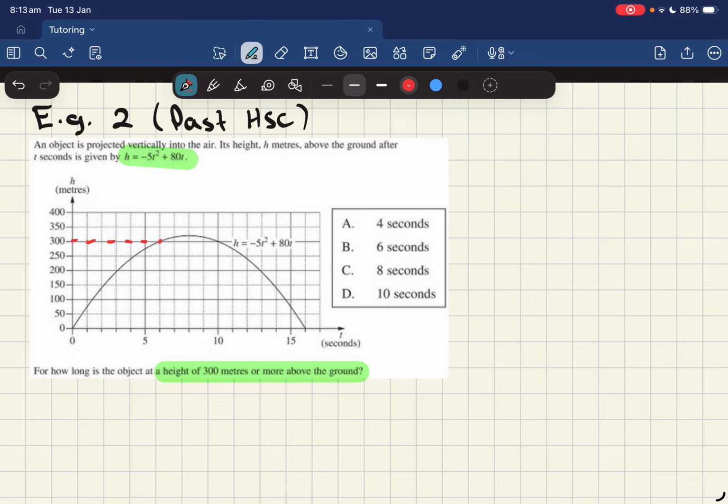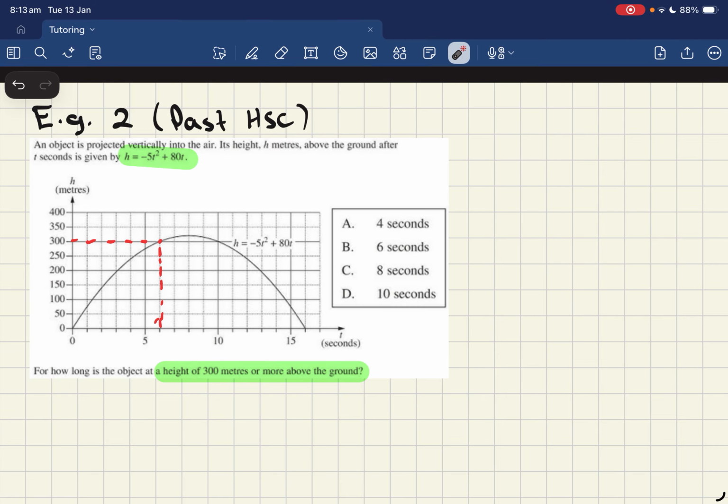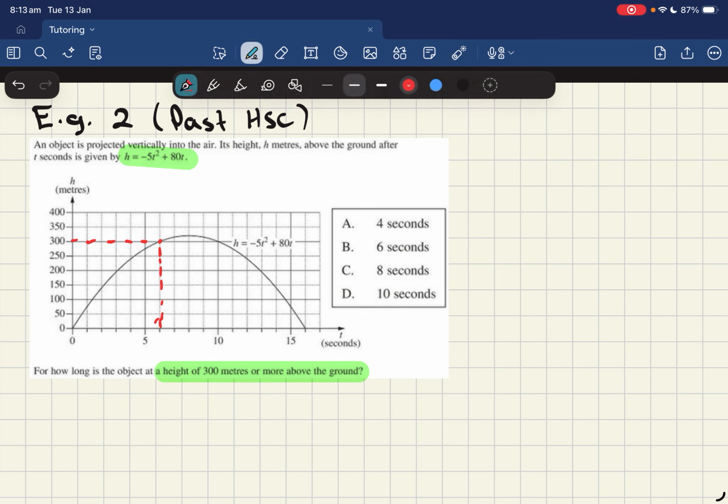I notice that this is when the object is first at 300 meters. That occurs at 6 seconds. And I can see everywhere from here until here is when it is at 300 or above. So this entire section is what's going to answer our question.